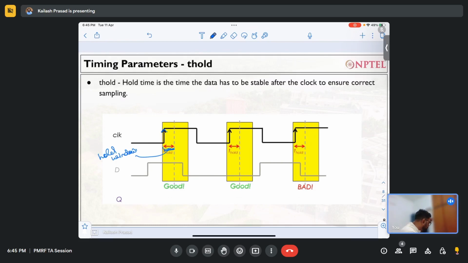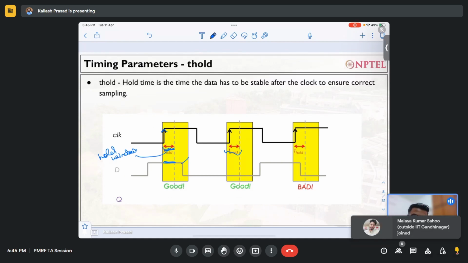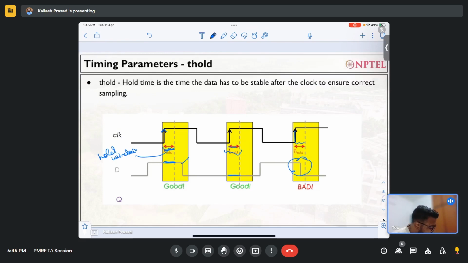That was the first design, and if I see the second one, here also the data is stable in the hold window. But in this case you can see that after the clock comes, in the hold time, the data is not stable.